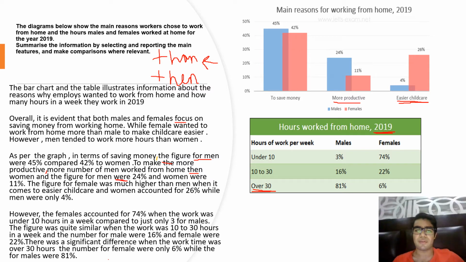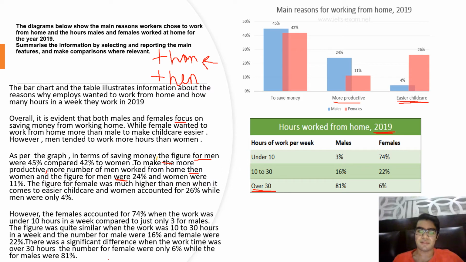The figure for men was 24%, because when you're talking about figure, you're talking about a singular thing. I know men is plural, but you are saying the figure for men, so was 24%, and the figure for women was 11%. Don't say and women were 11%. Say and the figure for women was 11%.